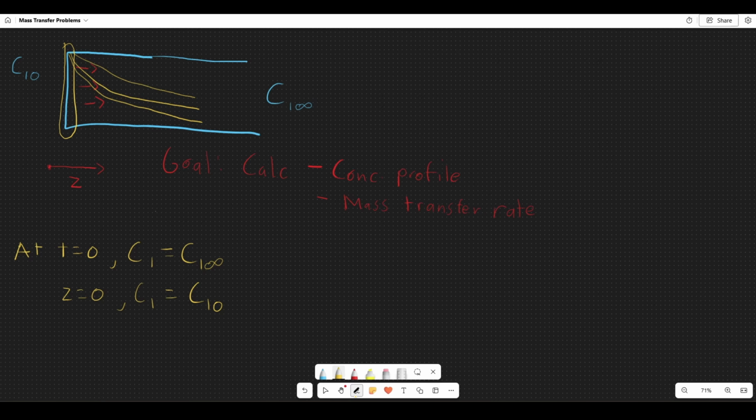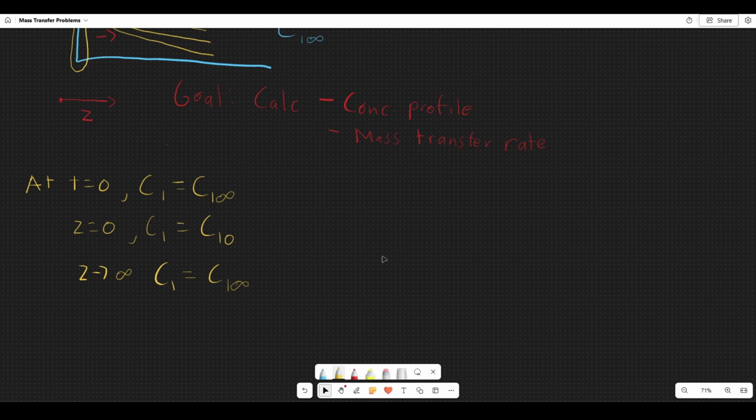And so when you have a semi-infinite block, what they're typically trying to say is that as z approaches infinity, C1 equals C1 infinity. Sometimes that might also be 0. Whatever it is, it's trying to approach the initial concentration. That's the point of the semi-infinite block. Perfect.